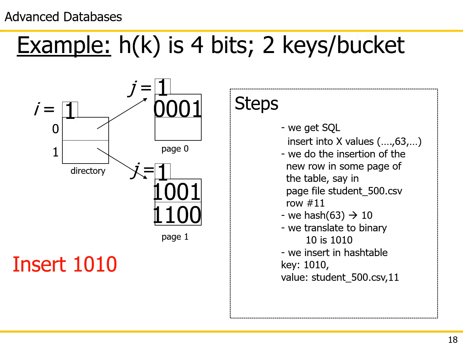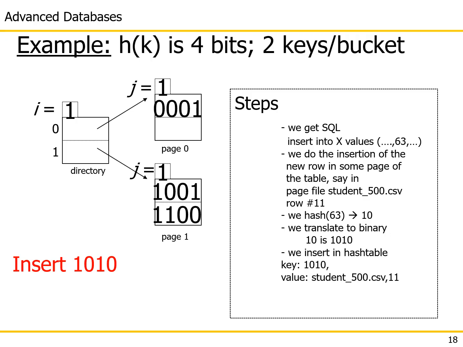Now, let's put things here into context. We will start by doing this insertion because we got an insert SQL statement, like the one I've put on the top right, where the programmer is inserting a new tuple or a new row into the table.